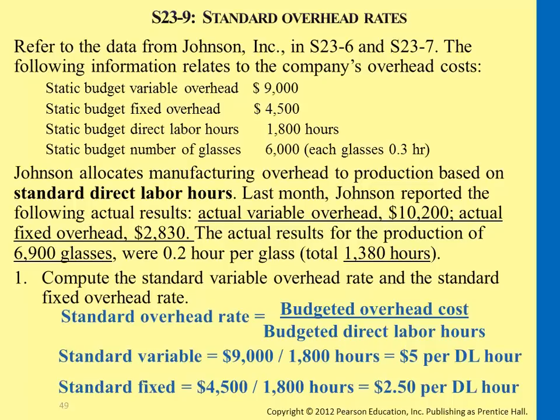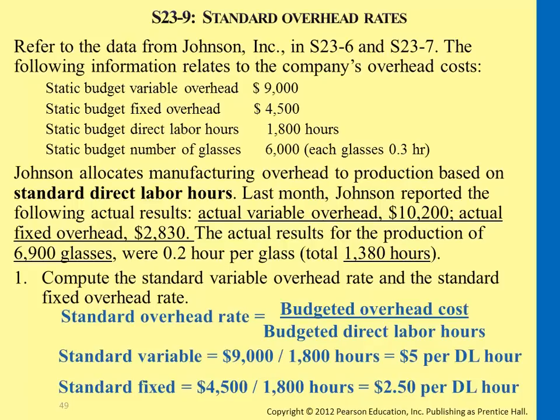So this is the actual hours. What about budgeted hours at the level of 6,900 glasses? What we got earlier, the 1,800 hours, is based upon 6,000 glasses. But now the flexible budget should be adjusted to 6,900 glasses instead of the original 6,000.